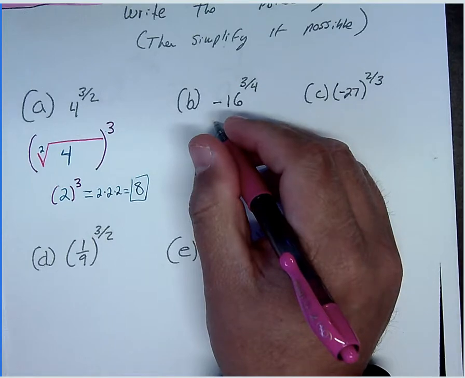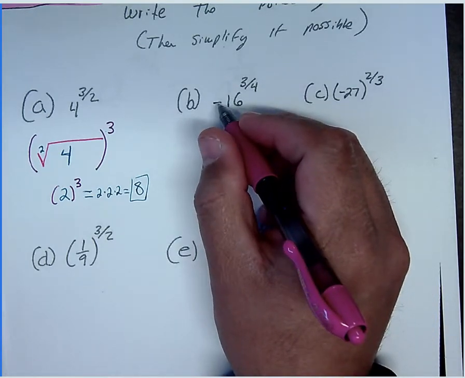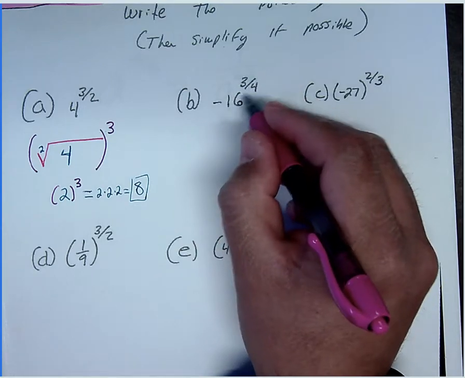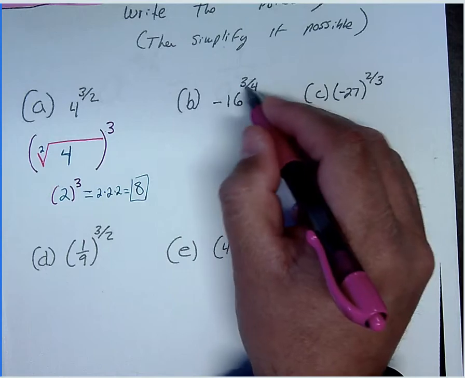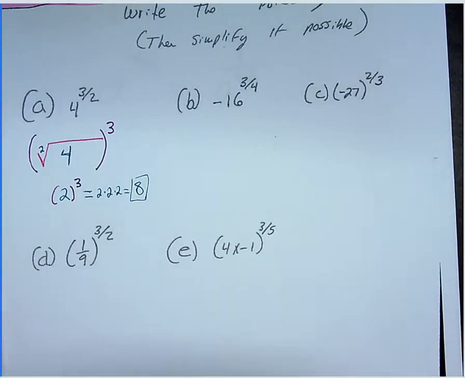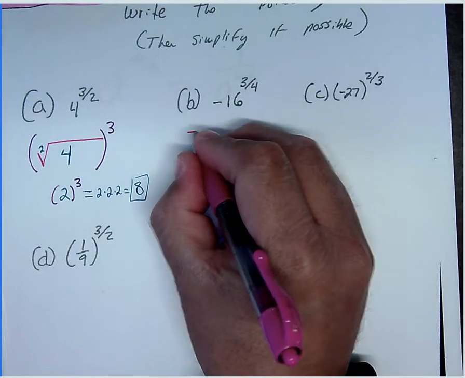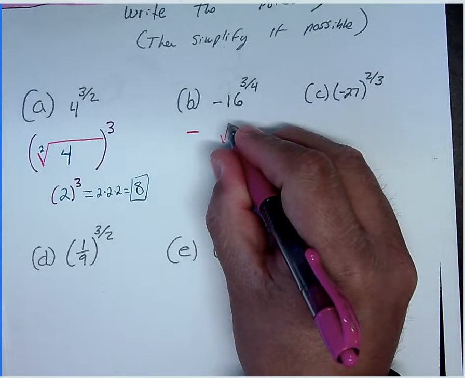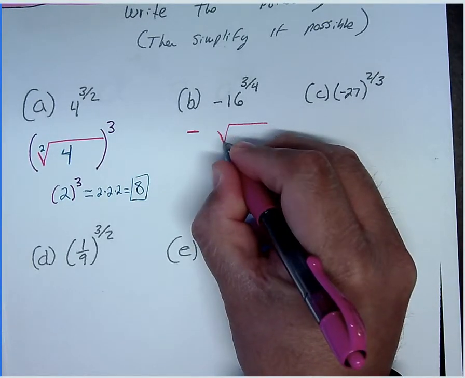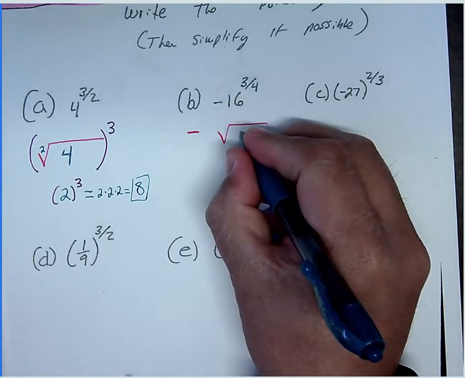So for B, again, that negative, you guys notice, it's not being affected by that exponent, that rational exponent, because it's outside. So I'm gonna put it outside, and then I'm gonna put the radical, and then the base is the radicand.